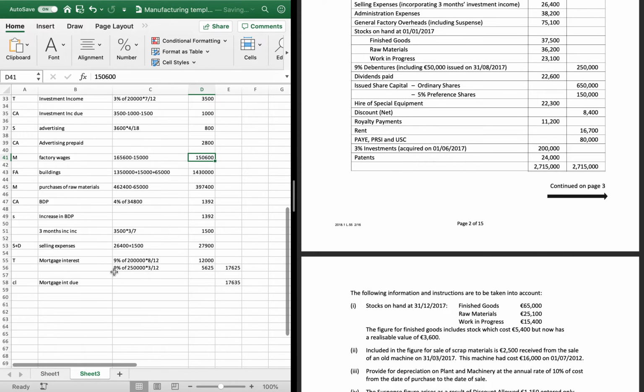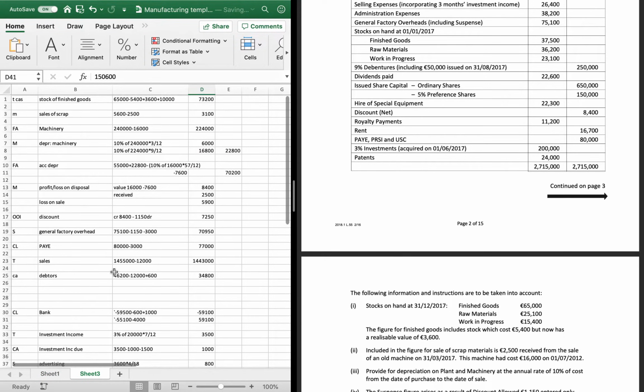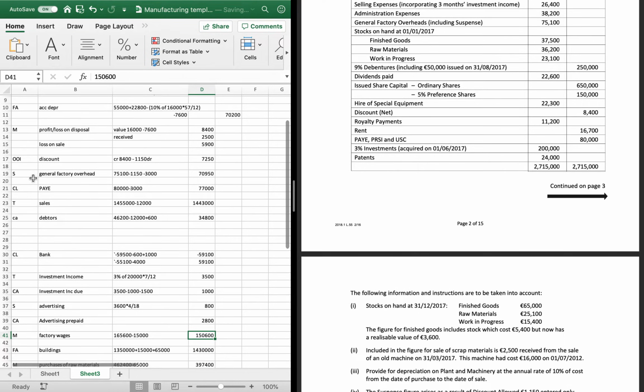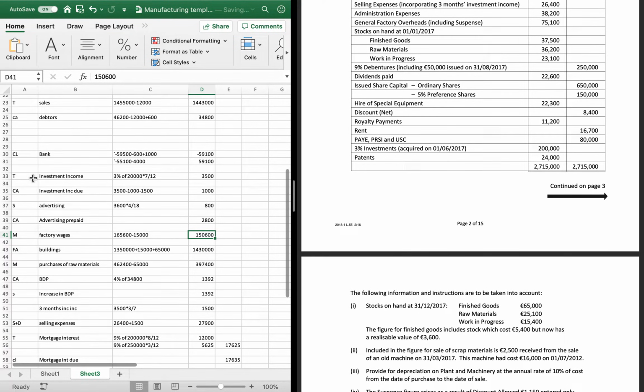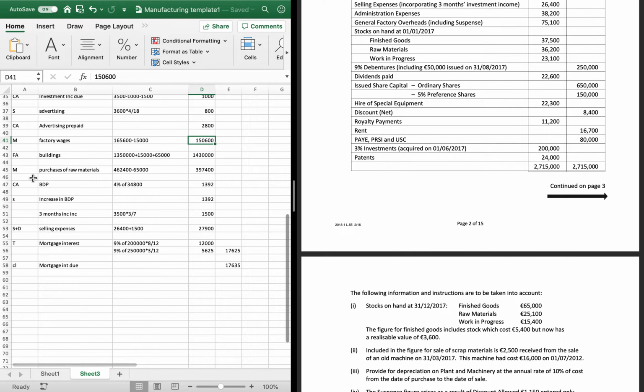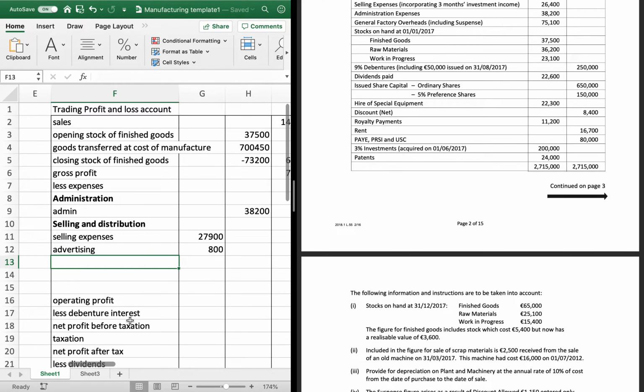Let me just check. So we should have all of our expenses in at this stage. So stock, finished goods, sales in, machinery, fixed asset depreciation, that's in. Feel like I'm missing one or two. Oh yeah, we've got the increase in bad debt provision, 1392.